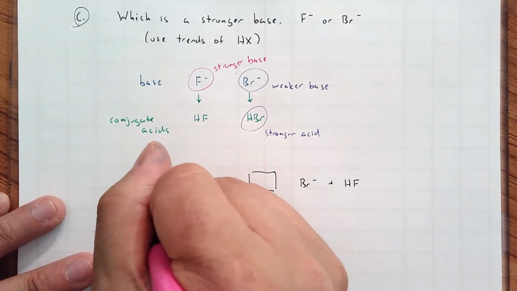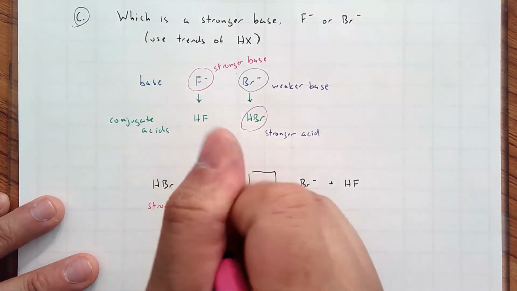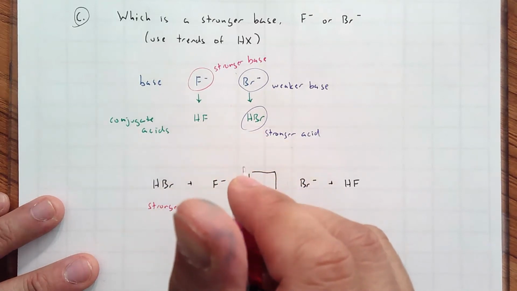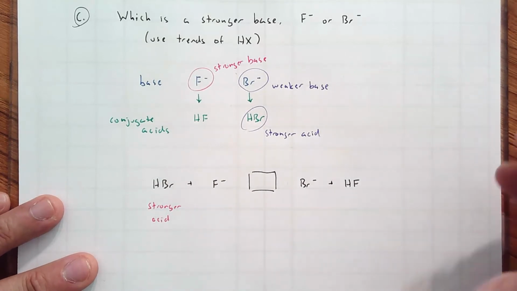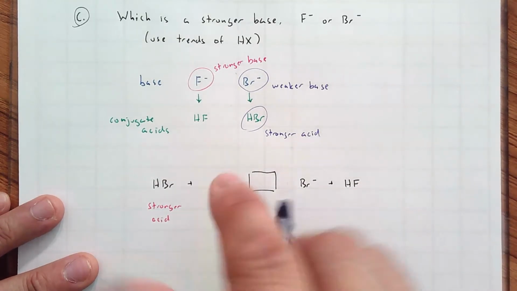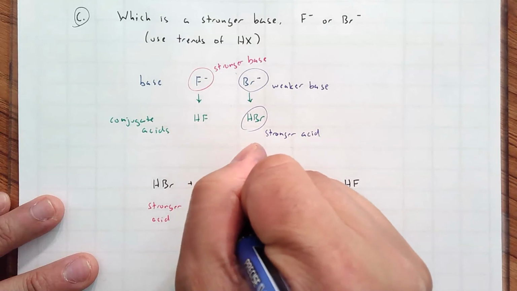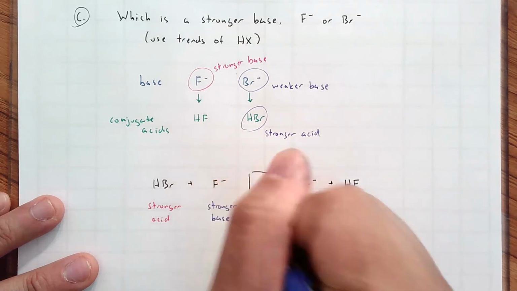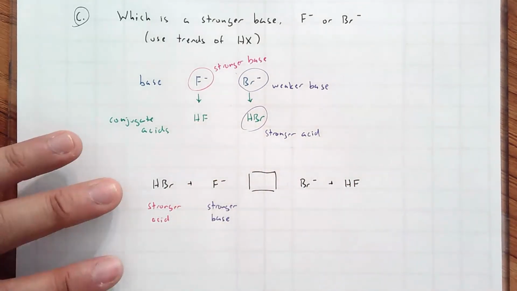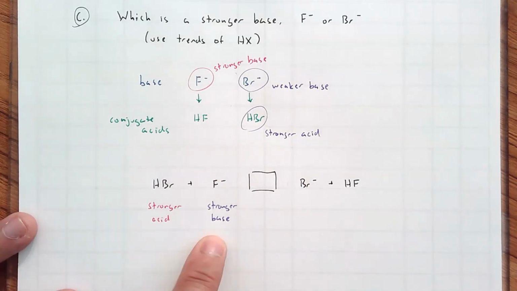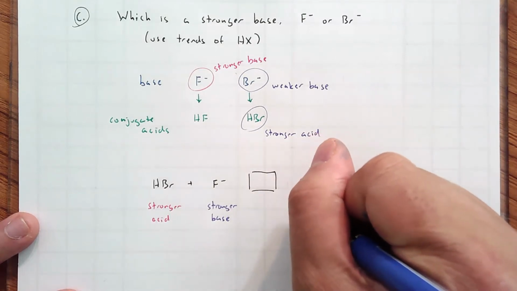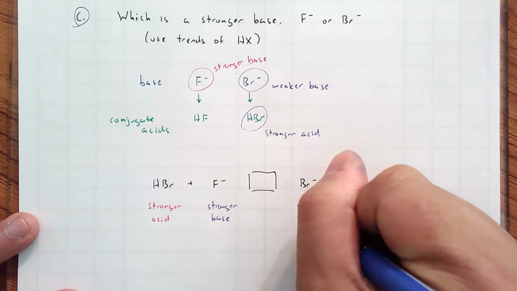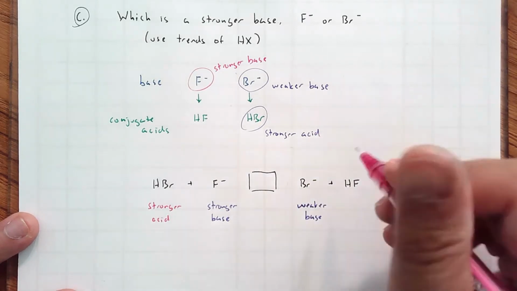This is a stronger acid. Yes, stronger acid. But let's take a look from the base point of view. This is the stronger base. So these are strong acid, stronger base, and where are the weaker ones? This is the weaker base. The weaker acid.